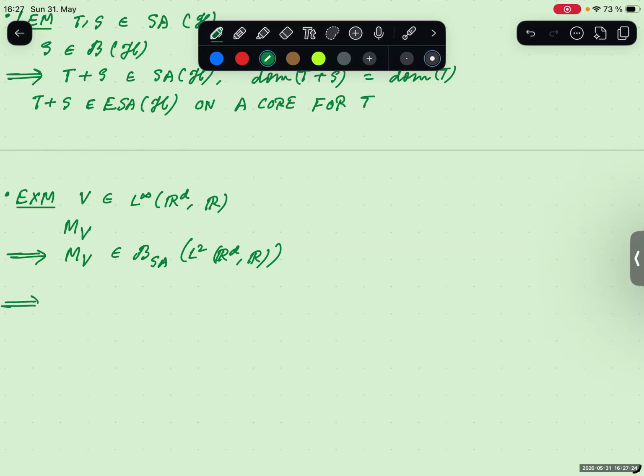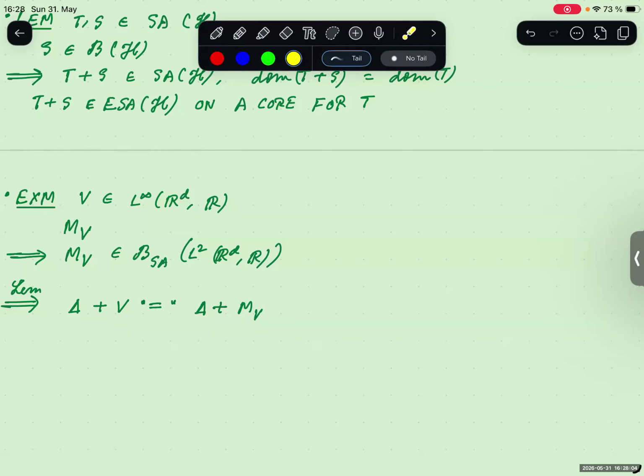Now this lemma and the earlier example we have seen: if we consider the Schrödinger operator, which is Laplacian plus V, by this what is meant is Laplacian plus the multiplication operator with V. So we know the result only for the Laplacian, right? We know the result for this being bounded, but we do not know the result for this so far.